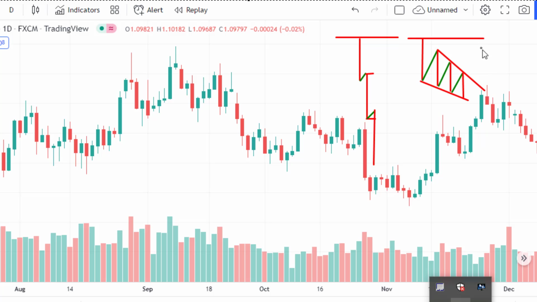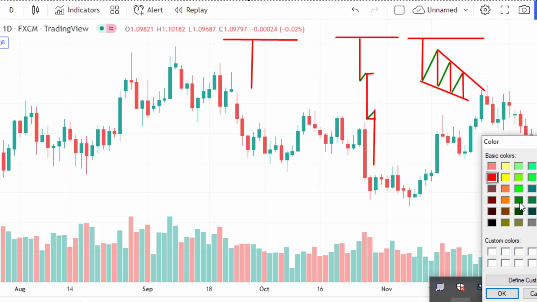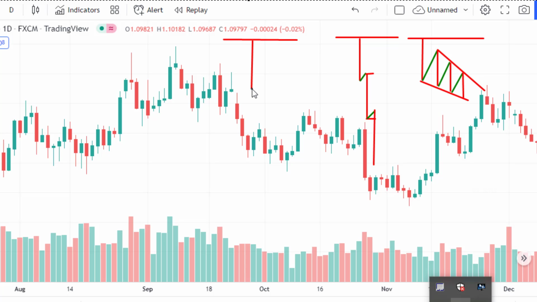Okay, now if we see, this is the sellers' entry point area. From the sellers' entry point area, sellers entered the market very deeply, it's okay, but when sellers turn, buyers again enter the market, turning the market to the upward direction, and buyers again strongly go up.